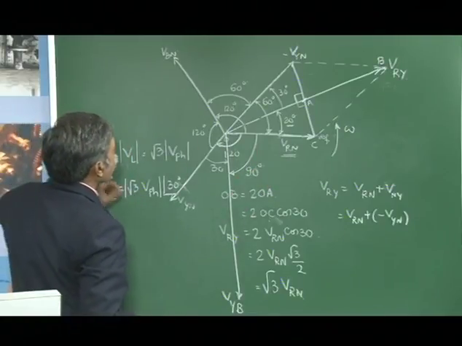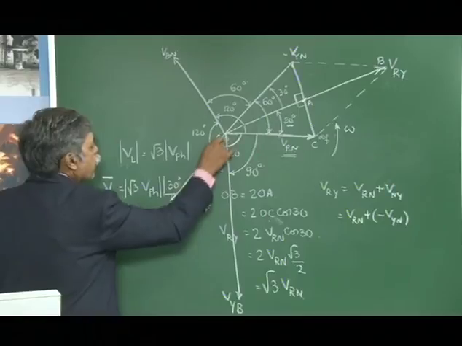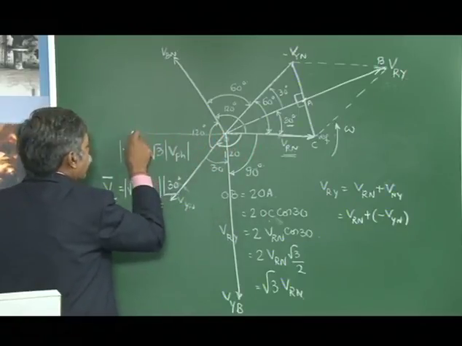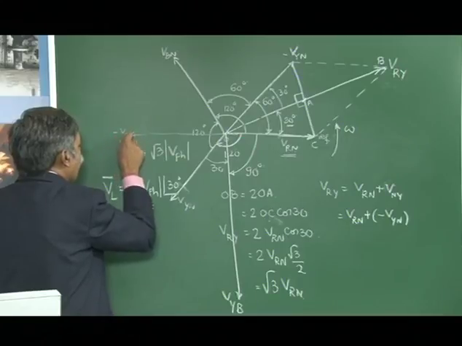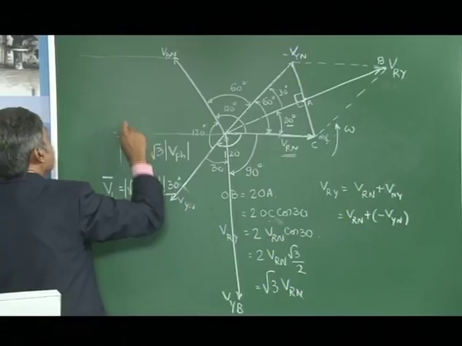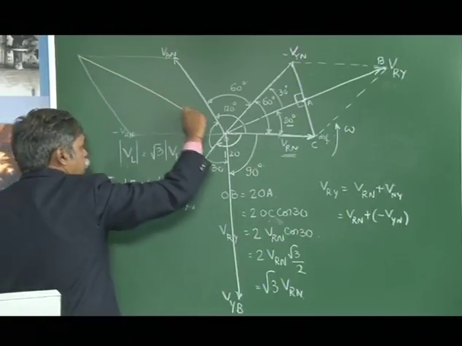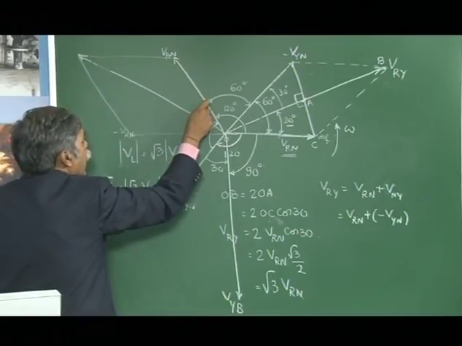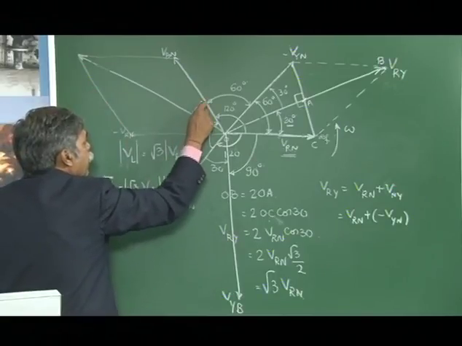Similarly, when you try to get the third voltage VBR, I can extend VRN in the reverse direction, it becomes minus VRN. Add these two voltages, and I will be getting a line voltage VBR. That VBR will be leading VBN by 30.